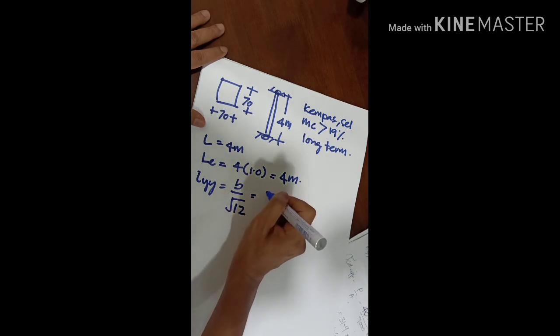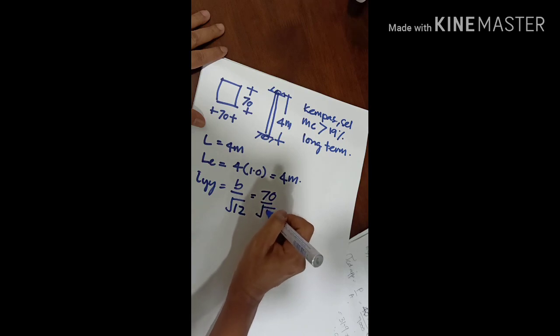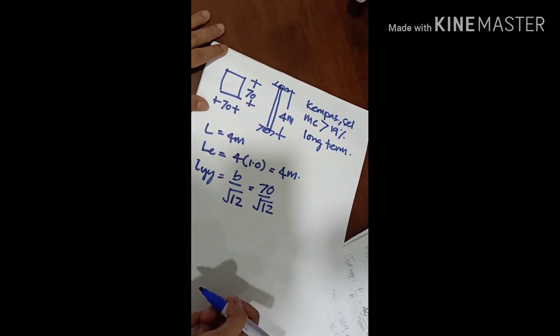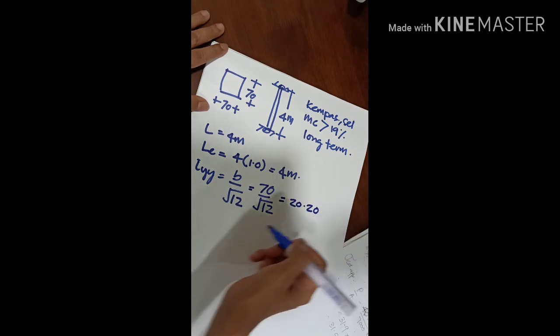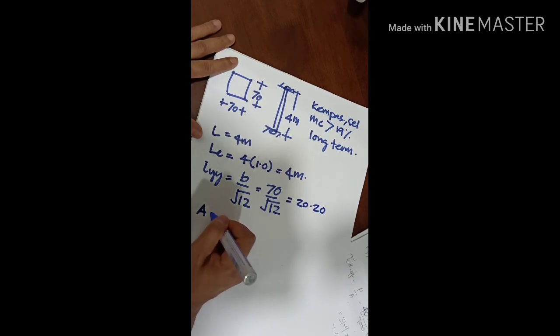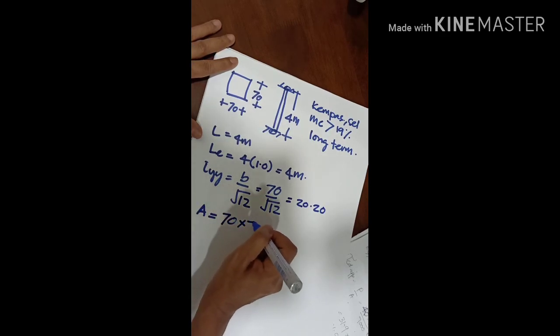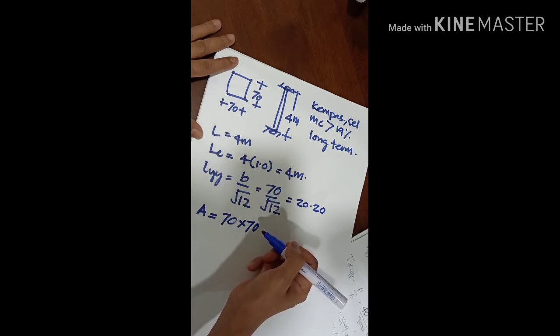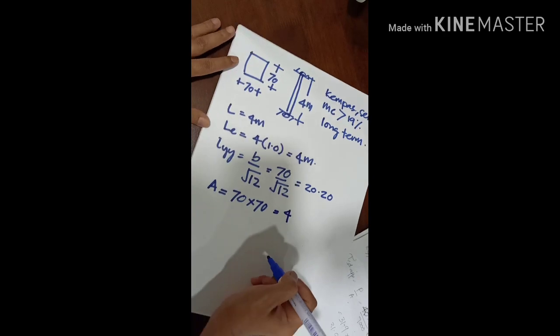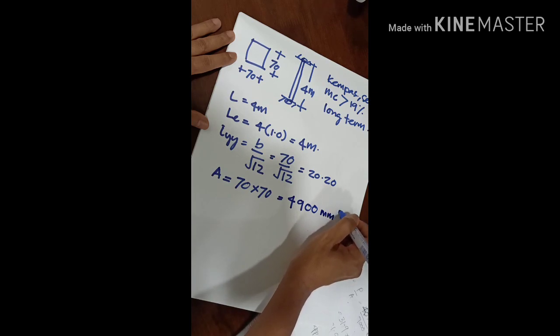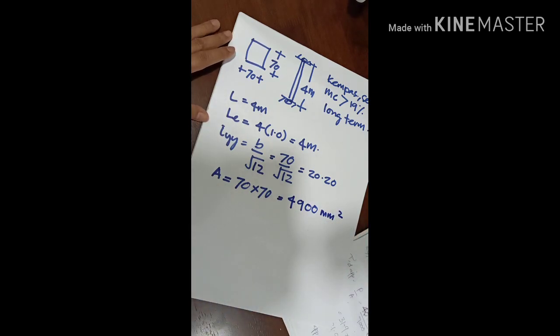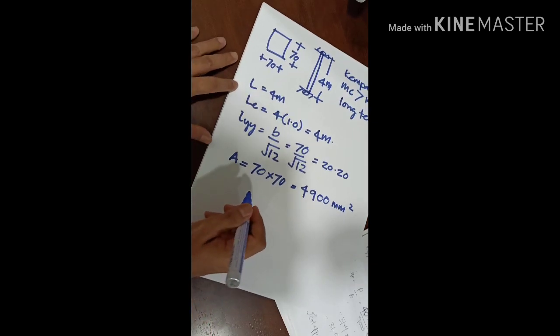Since B is 70 mm, 70 divided by square root 12 gives us a value of 20.20. The area of section is 70 times 70, which is B times H, and we get a value of 4,900 millimeter square.